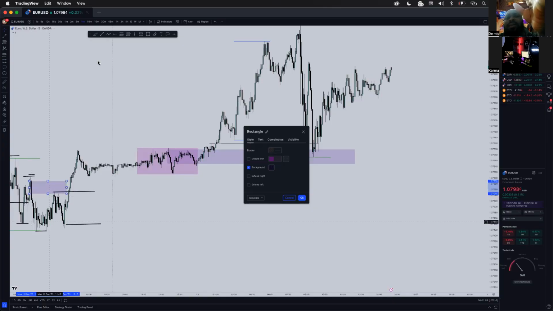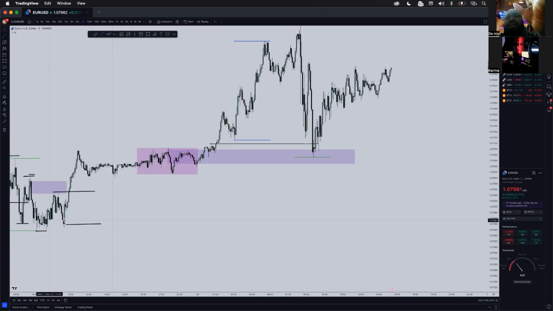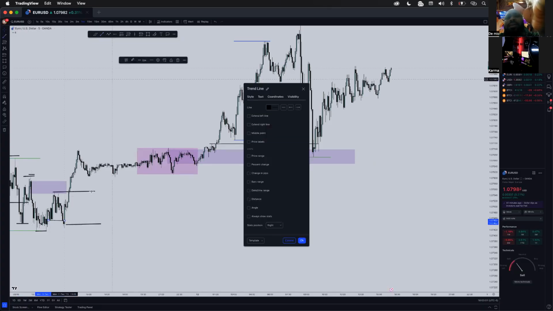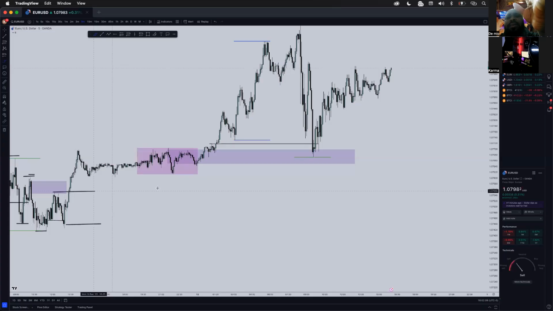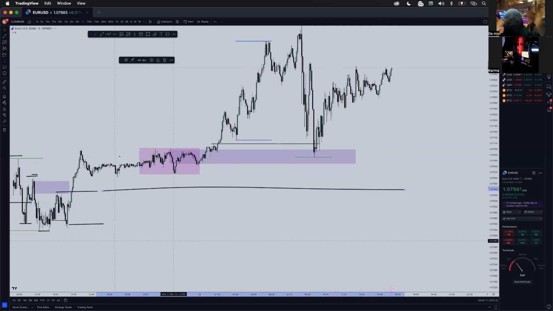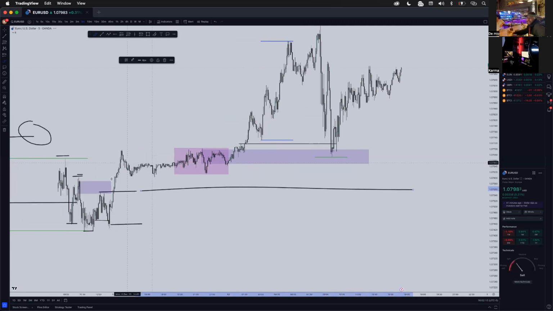You can see that they broke structure right here. So breaking this structure has made this guy a valid zone for me in the future when price gets here. So this is where the break of structure happens.